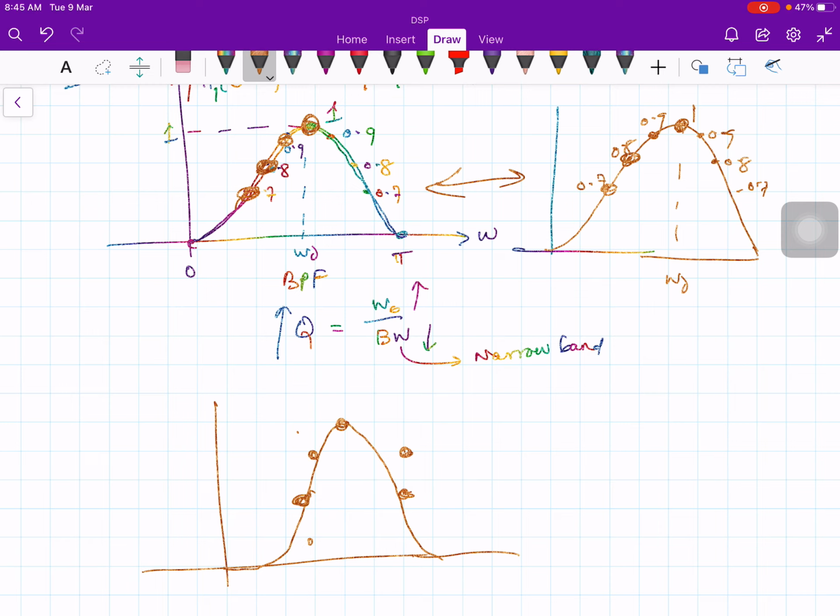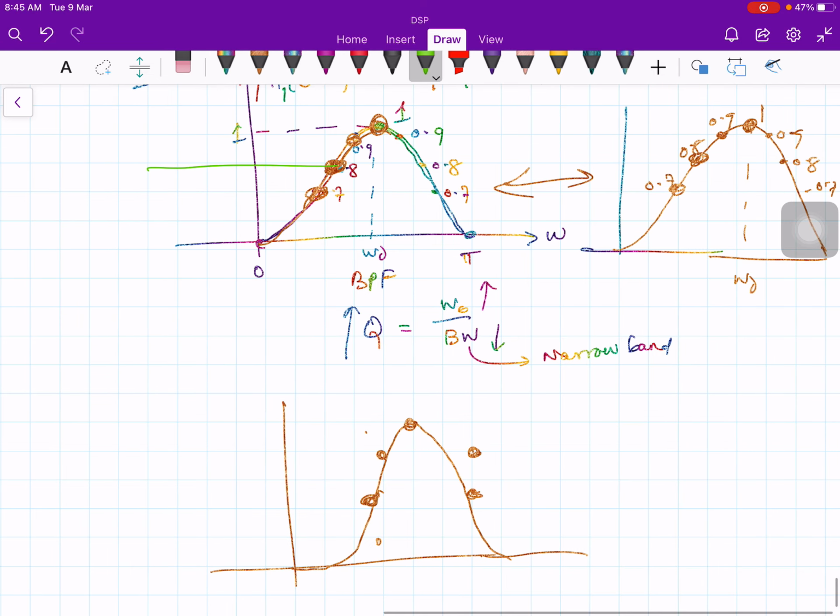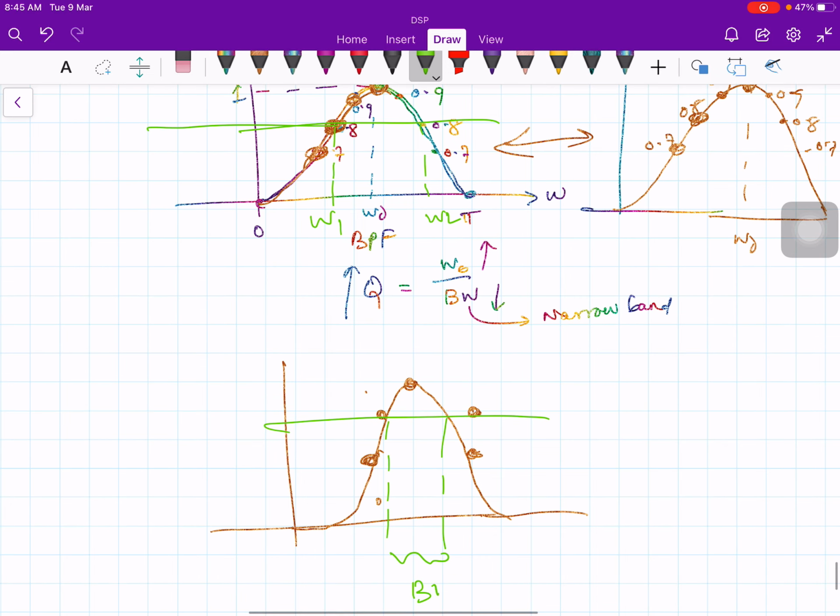Initially my original bandwidth was like this. My original bandwidth is this one, omega 1, omega 2. Now my bandwidth is this one. Let's say this bandwidth is bandwidth 2, and here this bandwidth is bandwidth 1.